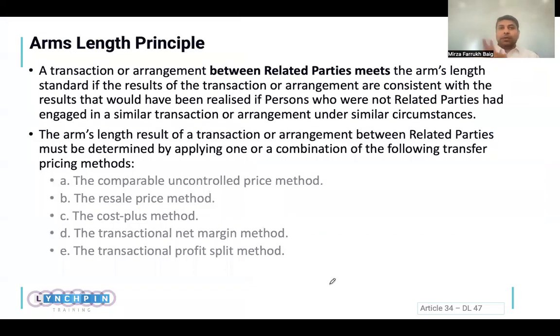The basic principle is that all transactions between related parties should be under the arm's length principle, which in simple meaning is that if I am charging, for example, a selling price of 100 to my group company or an entity connected with me, I should charge the same price to all my other customers who are not connected with me in any way.